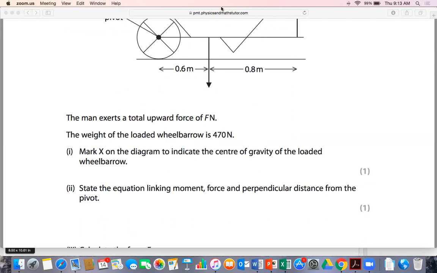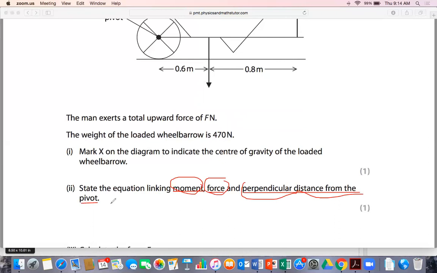Now, when you write equation, and they have asked you to link moment, force, and perpendicular distance from the pivot, when you write down your formula, you use the exact same thing. So moment equals to force times perpendicular distance.